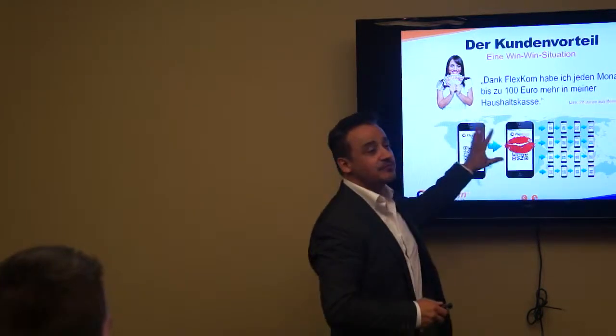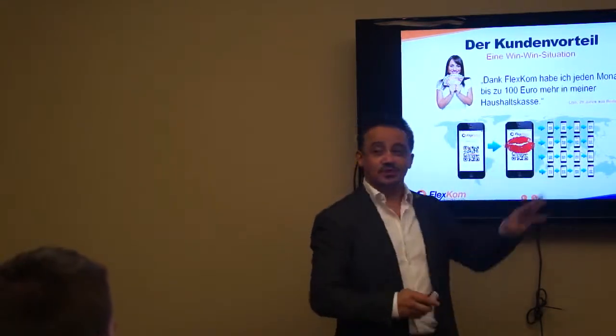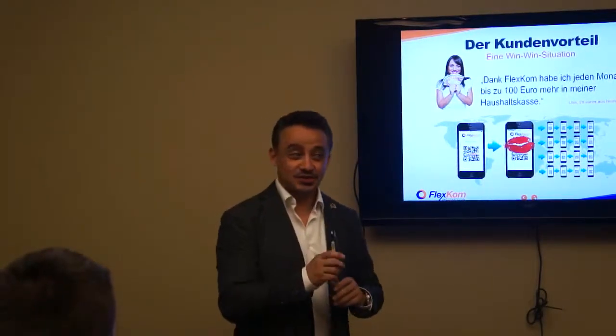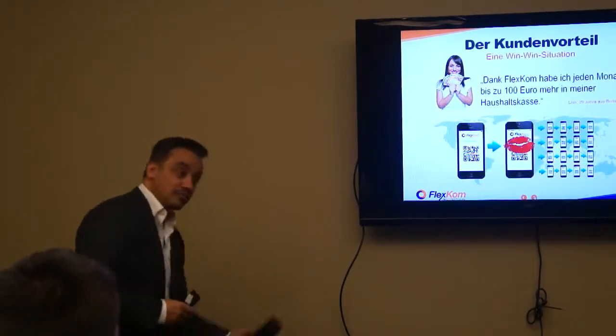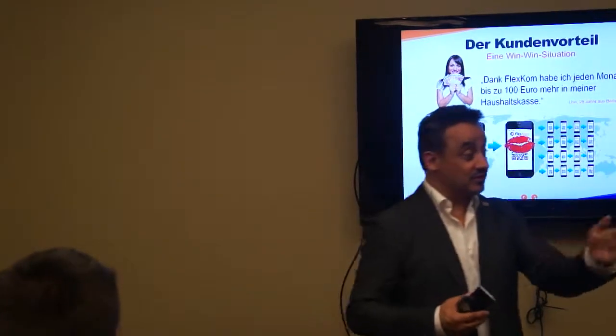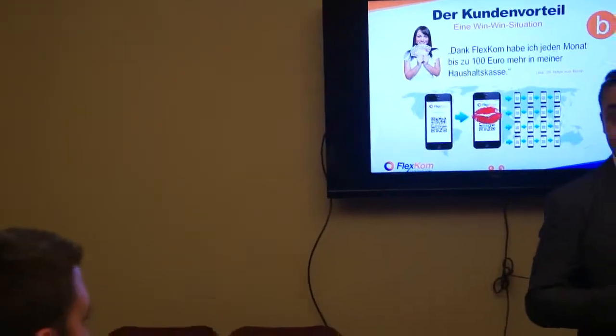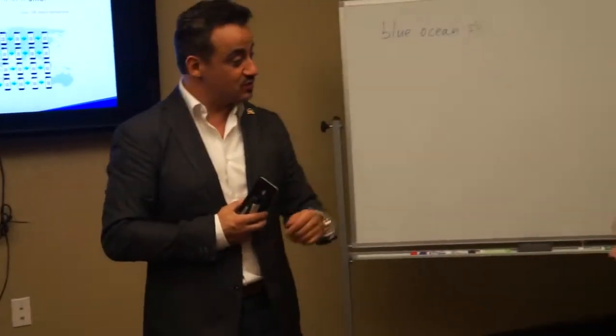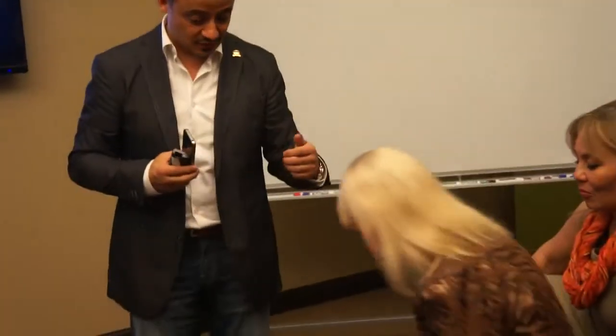Good. And the next step will be that the customer can kiss another customer. We call that kissing. So I've got an app on my phone, and I know we are living in the same street, and I said, do you have already Flex app? He said, what is a Flex app? I said, listen, give me a smartphone. She takes her smartphone, and I'm going to kiss her smartphone.